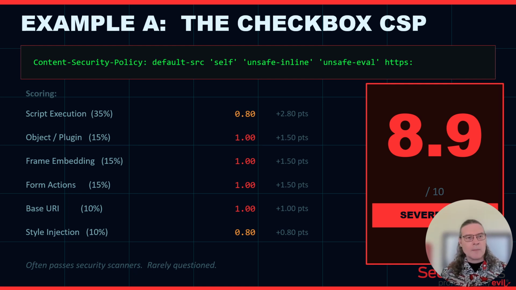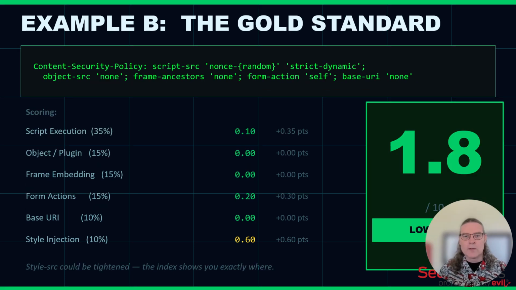Okay. And then here's an example of, we'll call this a gold standard where things are done a lot better. And we have script execution using nonces on here, with the random value on there you would fill in, and strict dynamic.